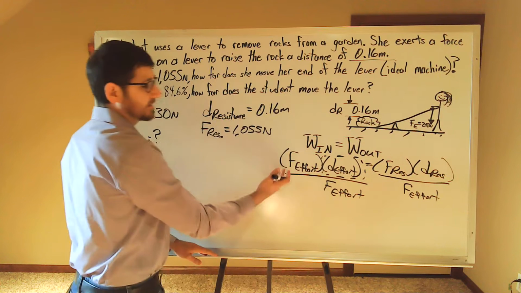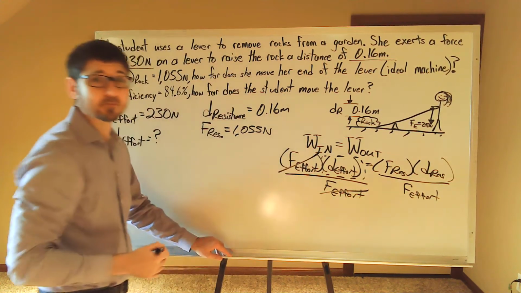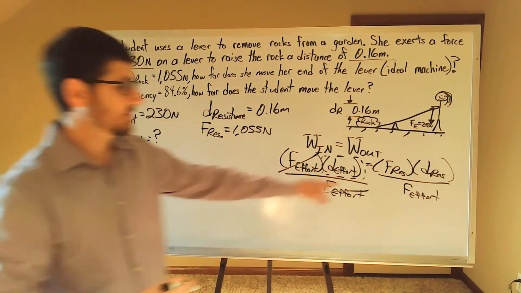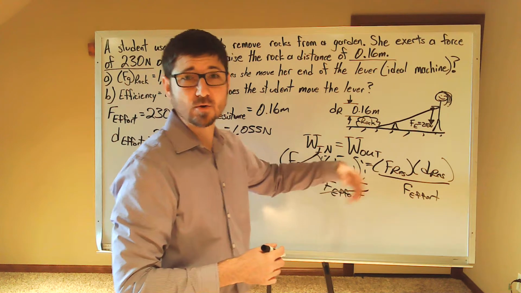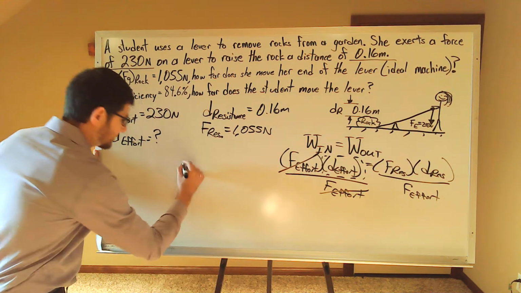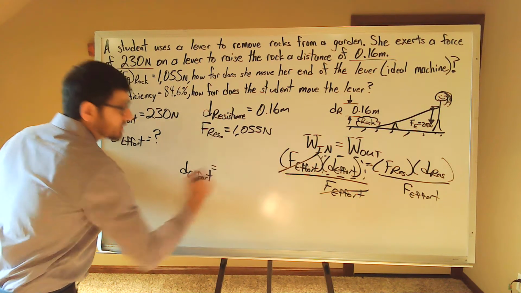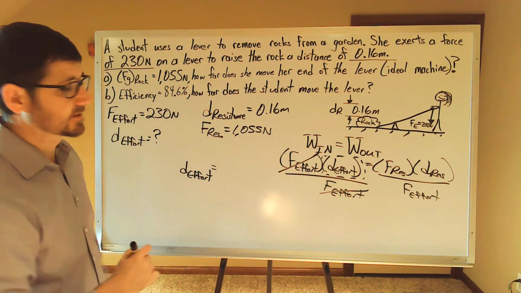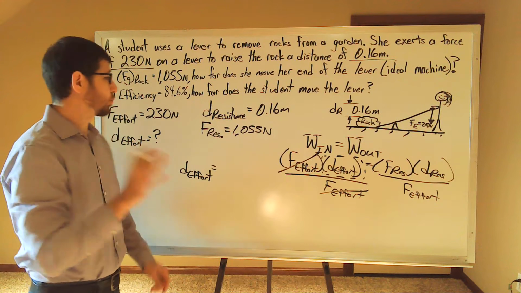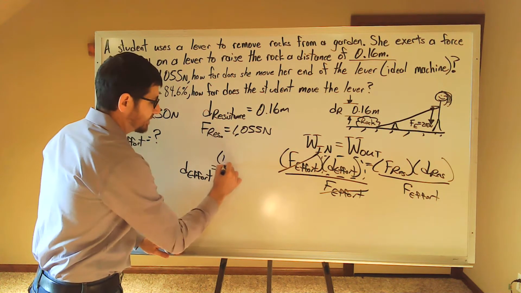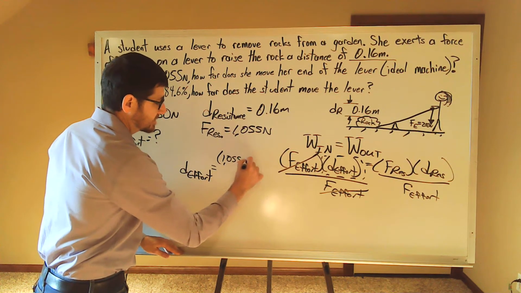On the left-hand side of the equal sign, that effort force cancels. So we have these three values. Let's go ahead and fill in those values. So in my numerator, my resistance force, remember this is equal to your weight force, so 1,055 newtons.